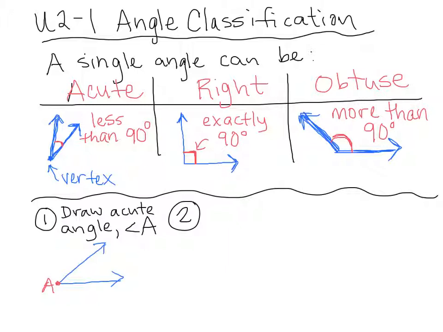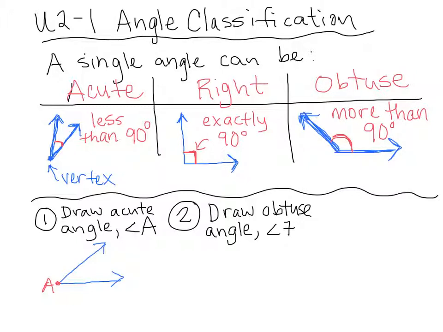In a second example, let's say you were asked to draw an obtuse angle, and we'll call it angle 7. Okay, sometimes angles are numbered, and so here would be a way to do that.